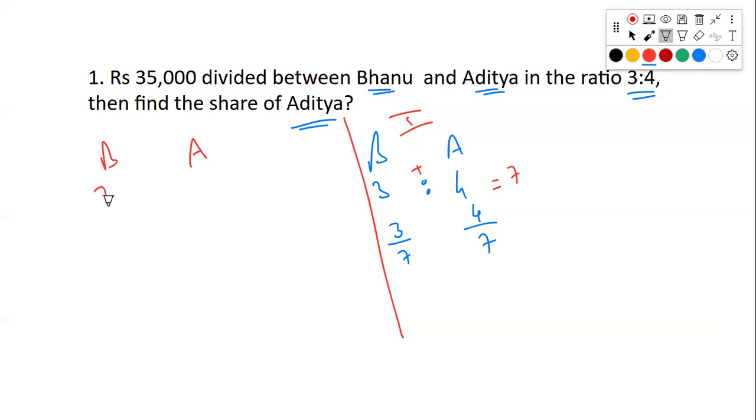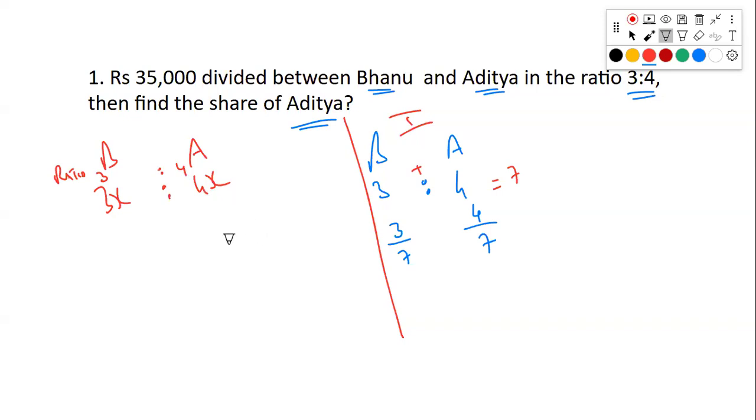Let Bhanu get 3x units and Aditya 4x units. Because this is only a ratio, 3 is to 4, I don't know exactly what they are going to get. So I'm assuming that Bhanu gets 3 times x and Aditya 4 times x.